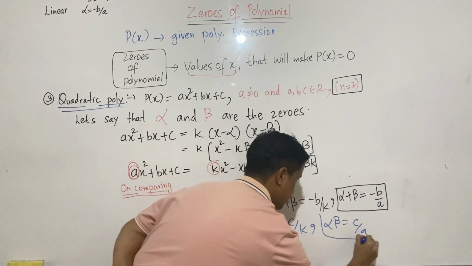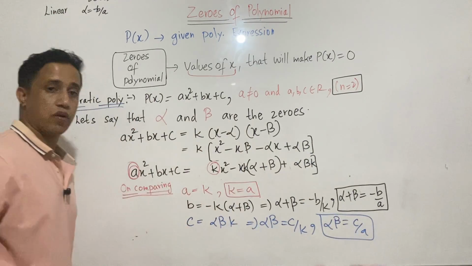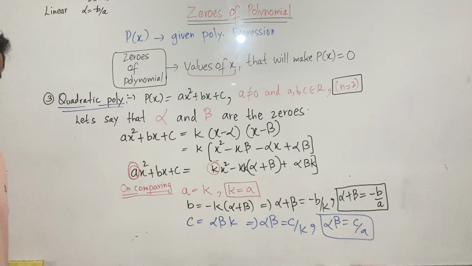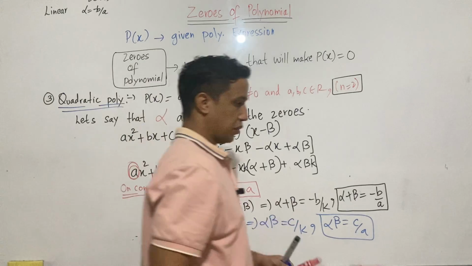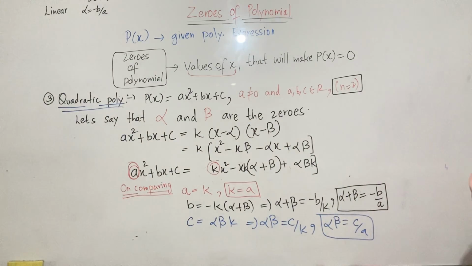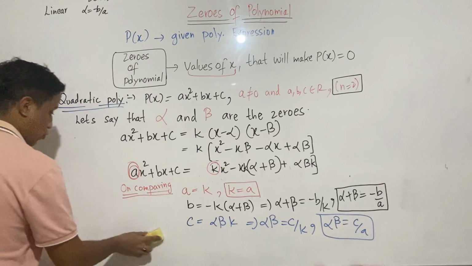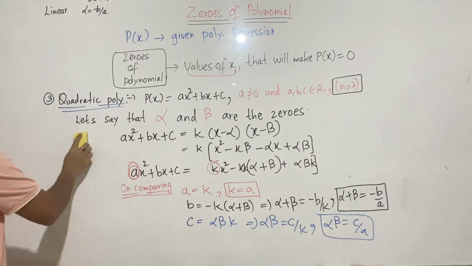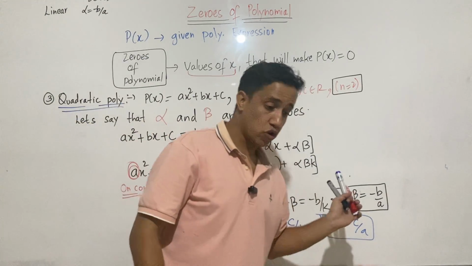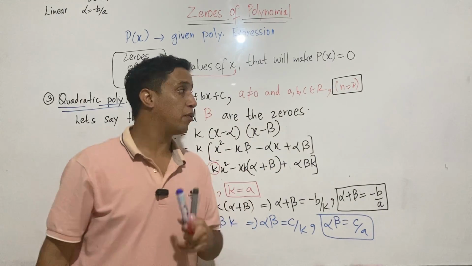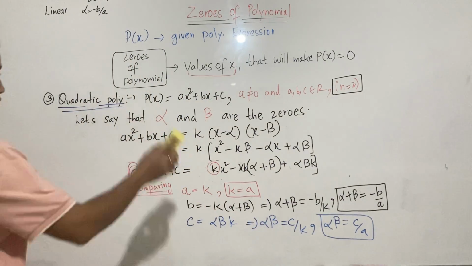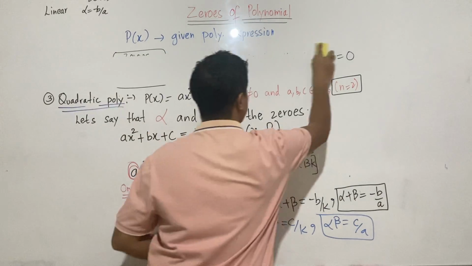So this result is also very important. Okay, so I hope this is clear to you. Okay, now see here, sometimes you may see questions where they will give you the zeros of a polynomial, and you have to make the polynomial out of it. Okay, now I can erase this.